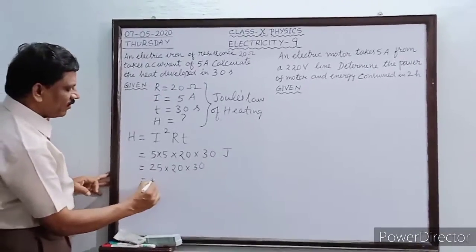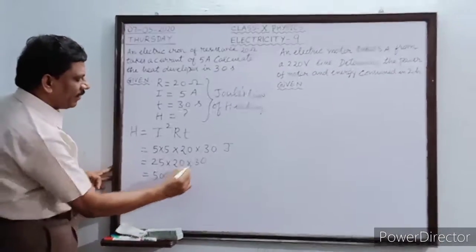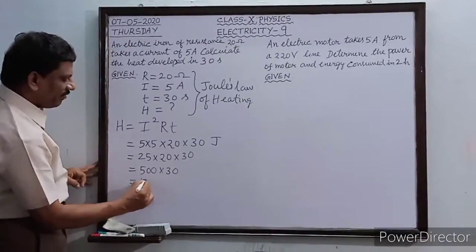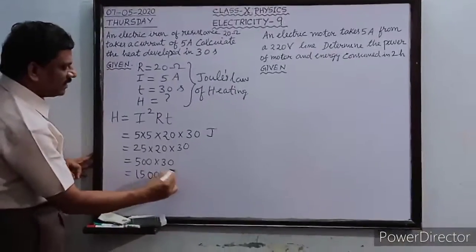So 500 multiplied by 30 is 15 followed by 3 zeros, joule.